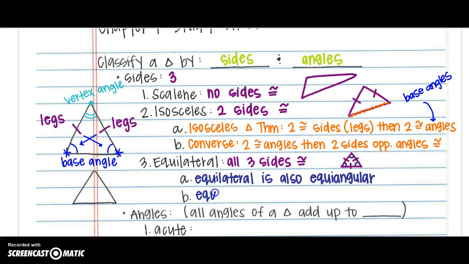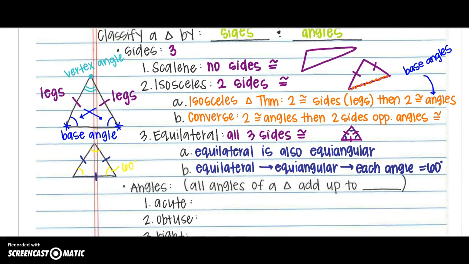Also, because it's equilateral, and we know that that makes equiangular, we know each angle equals 60 degrees. So over here we can mark an equilateral triangle. We also know it's equiangular, and that's going to equal 60 degrees.